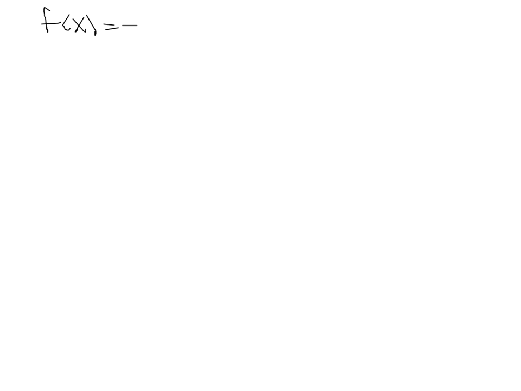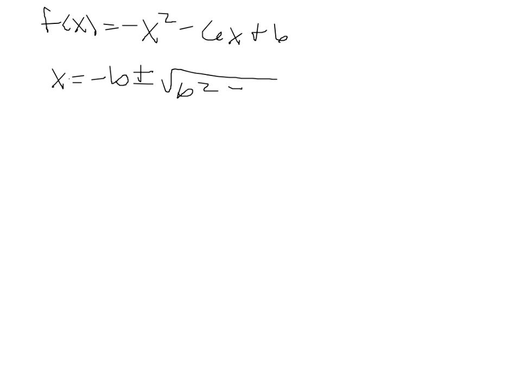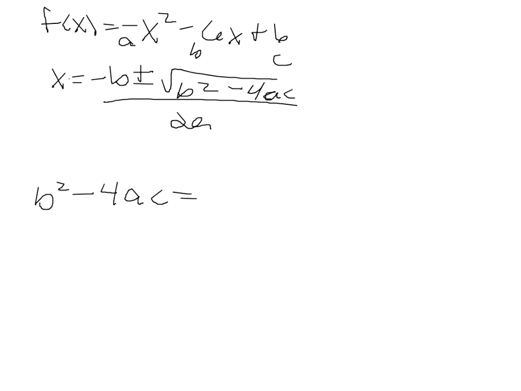Okay, so just recopying some stuff onto this page so that it's easy to look at. And remember, a is minus 1, b is minus 6, and c is 6. The first thing I do for the quadratic formula is I calculate what's called the discriminant. It's the b squared minus 4ac.